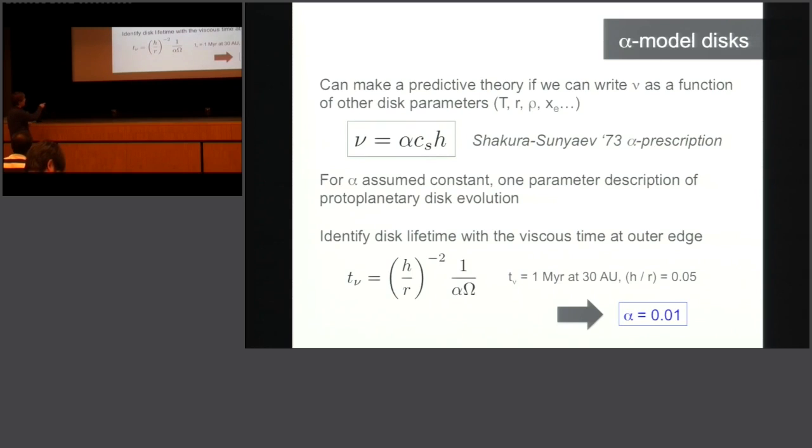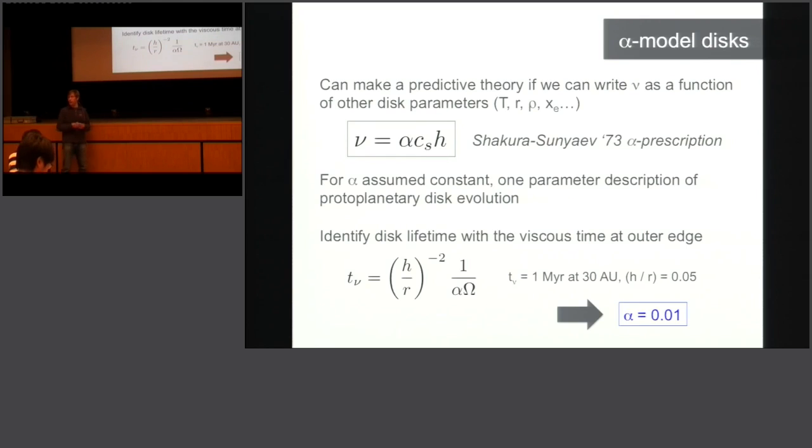So if you have a model where alpha is additionally assumed to be constant, then you end up with effectively a one-parameter description of protoplanetary disk evolution, which can also be used to derive a whole bunch of other properties that you might be interested in. For example, how strongly the turbulence will stir up dust particles, whether it will allow dust particles to form a thin layer in the disk midplane, or whether instead they will remain suspended throughout the disk.